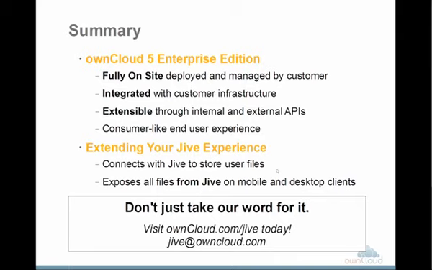In the future, we'll be adding external file system support, the new framework in Jive 7 that allows you to store files outside of Jive and still keep the same Jive functionality for those files. As that's completed, we'll be adding that too. So you'll have your choice of where to put OwnCloud files: inside OwnCloud, inside Jive, or even inside a third-party location like, say, an NFS storage server.